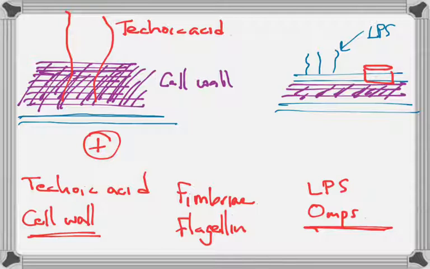In fact, one of the classical T series of phage, known as T4, uses two receptors. It uses lipopolysaccharide as an initial attachment, and then it uses an outer membrane protein known as OmpC as its secondary one, and that one leads to the irreversible binding.